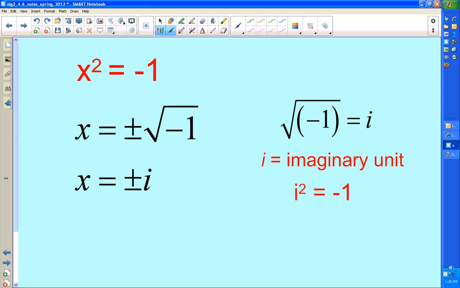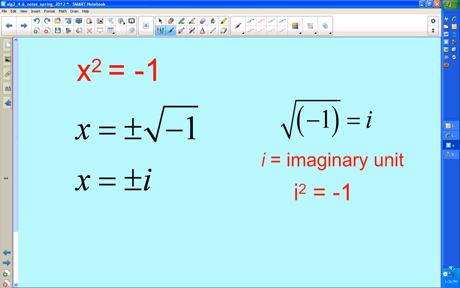And if we square both sides, if we square i, we would get i squared. If you square the square root of negative 1, you get negative 1. i is the square root of negative 1. Therefore, i squared is equal to negative 1.